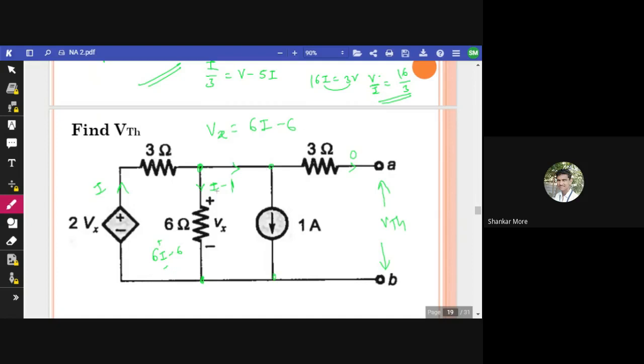Srishti will try it, we'll solve it. Okay, so see, Vx is equals to 6I minus 6, यहाँ तक तो सबको आ गया. I hope now this is independent voltage source, so यहाँ से start करेंगे हम guys. So it will be minus 2Vx.